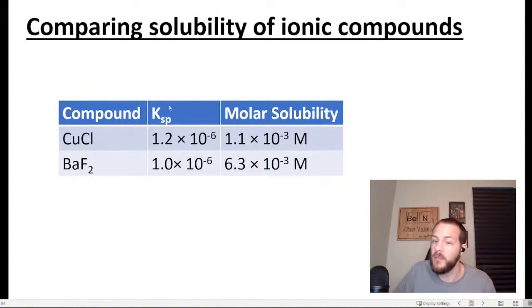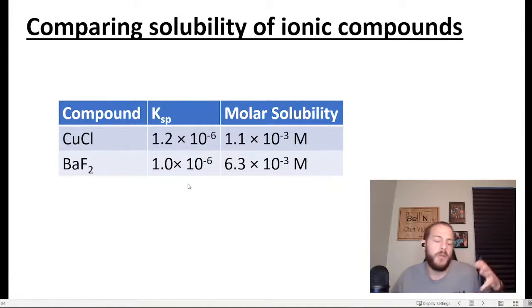If you look at the molar solubilities, the molar solubility of copper 1 chloride is 1.1 times 10 to the minus 3, and barium fluoride is 6.3 times 10 to the minus 3. So even though the Ksp value of copper 1 chloride is larger than that of barium fluoride, the molar solubility of copper 1 chloride is smaller than the molar solubility of barium fluoride.